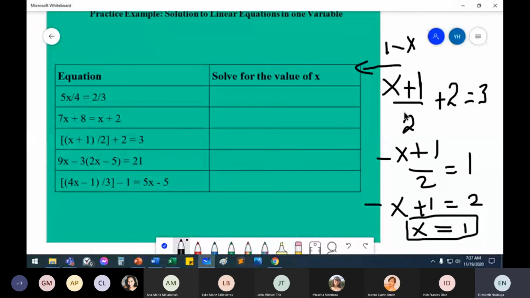And make sure that your variable is just the variable, it's not 2x. Make sure the coefficient, the numeric part, is 1. Then move all the constants to the right side. And that's it, you're done.